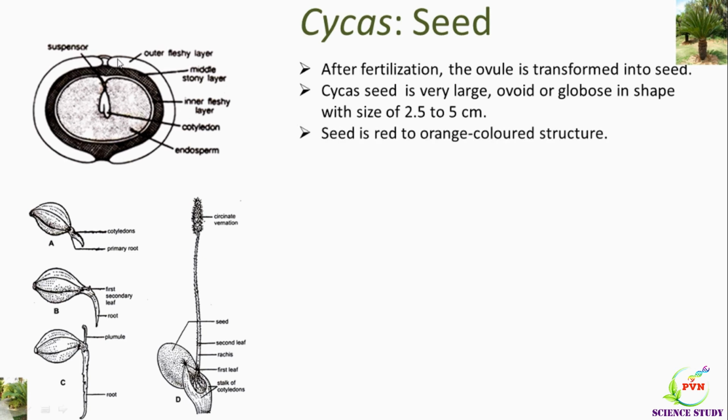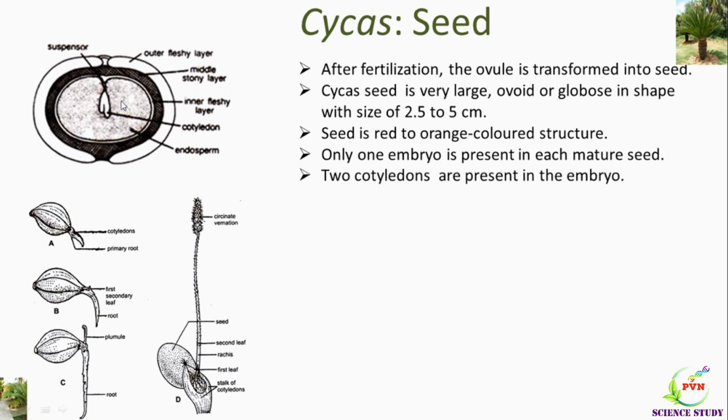This seed is red to orange in color. Only one embryo is present in each mature seed. As we can observe here, two cotyledons are present in the embryo. The embryo remains surrounded by the endosperm. So this is the endosperm.